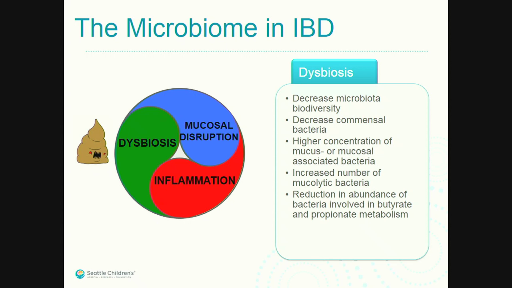And there's an increased number of mucolytic bacteria, again, breaking down that barrier to the immune system. And finally, you get a reduction in the abundance of bacteria involved in butyrate and propionate metabolism. And these are what we call short chain fatty acids, are very important in overall health of the GI tract, specifically the colon.